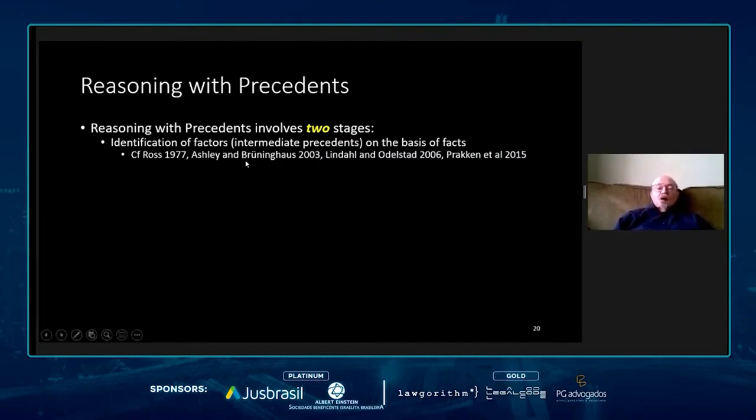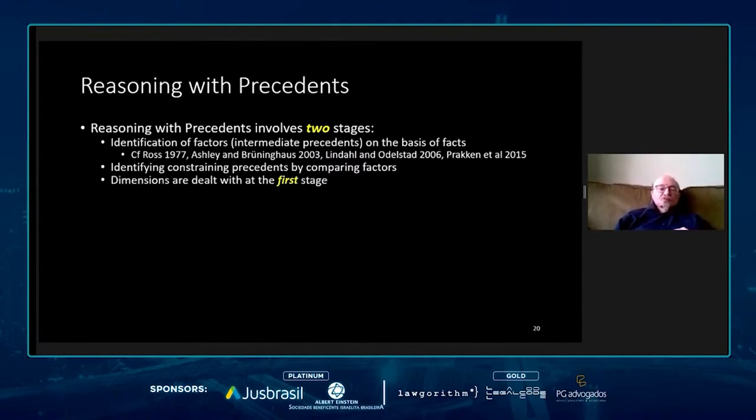We find it in AI and law, Ashley and Willingham. We find it in jurisprudence again, with Lars Lindahl and others, and we find it in AI and law in Bench-Capon et al. Identifying constraining precedents by comparing factors is the second stage. We got rid of the dimensionality in the first stage.